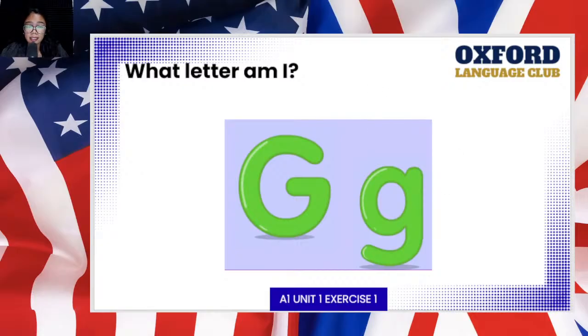That is letter G. One more time, letter G. That's the name of the letter, but what is the sound of letter G? G, G. So the back part of your tongue blocks the air at the soft roof of your mouth.